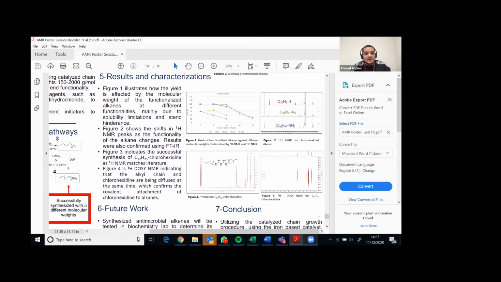In figure number 3, we can see the proton NMR for chlorhexidine, which matches a similar structure in the literature. Figure 4 is a proton DOSY NMR, and that's just to confirm that the two segments, the alkyl chain and the antimicrobial agent chlorhexidine, are actually chemically connected, where you can see that the diffusion takes place at the same time.